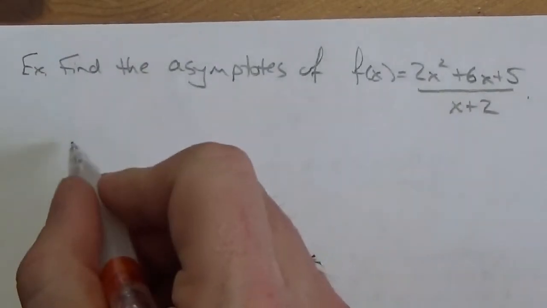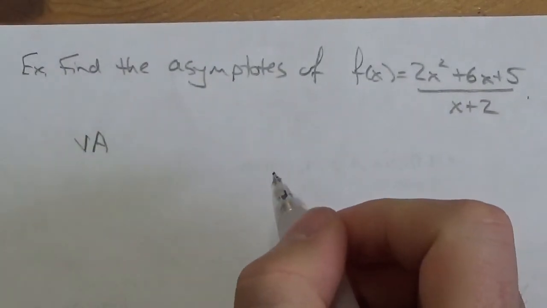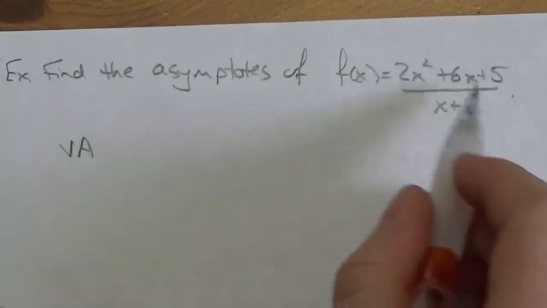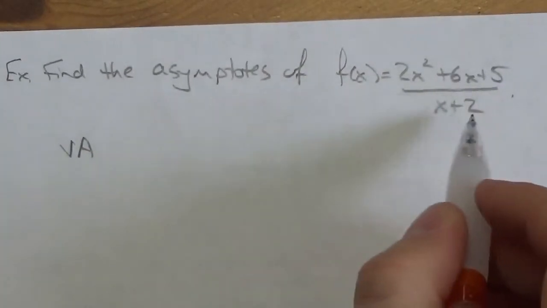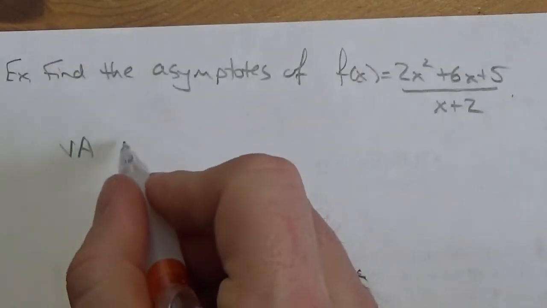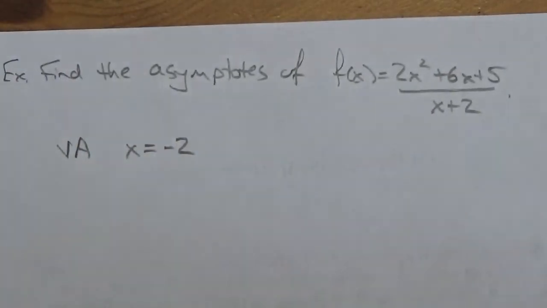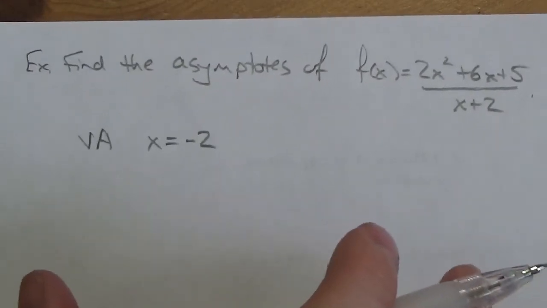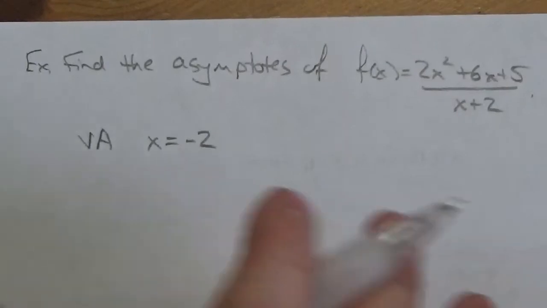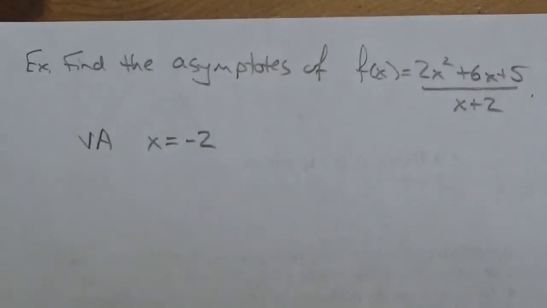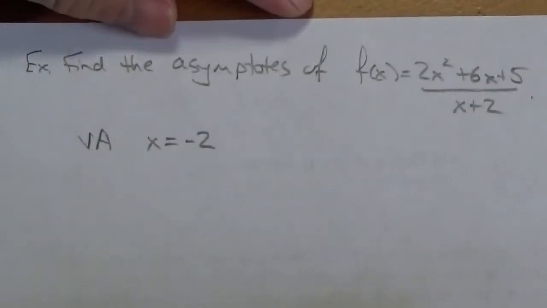Now, to start off with, it's fairly easy to identify the vertical asymptote. That's going to be where this function is undefined, and that's going to be at x equals negative 2. So that was pretty easy to tell what's going on here. Now, I could use limits to investigate how the function is behaving on either side of that value, so I can tell whether it's going up or whether it's going down.